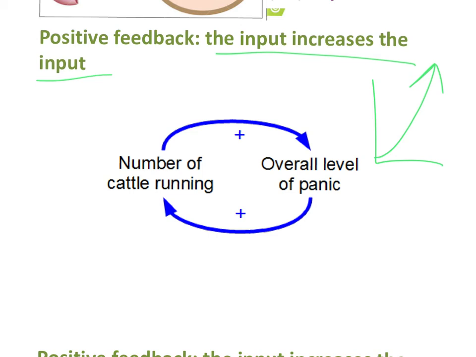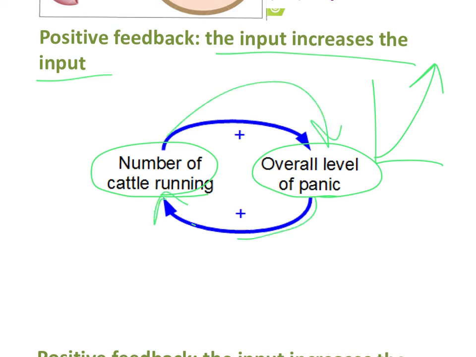Here is an example that's not really a biology example, but it essentially says that as cattle are running, as cows start running, it causes panic in cows, which causes more of them to run, which causes more of them to panic, more of them to run. This is a cycle until it is completely over. Things are getting amplified, bigger and bigger.